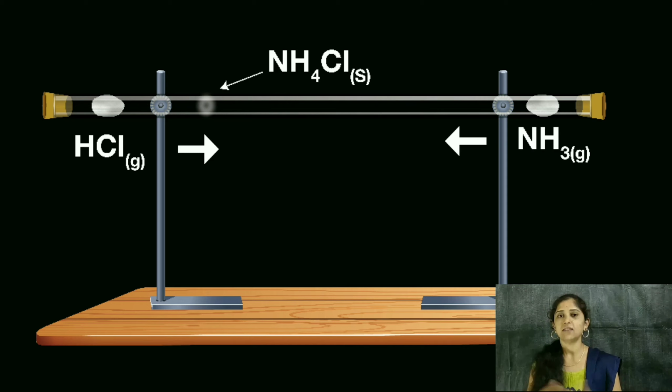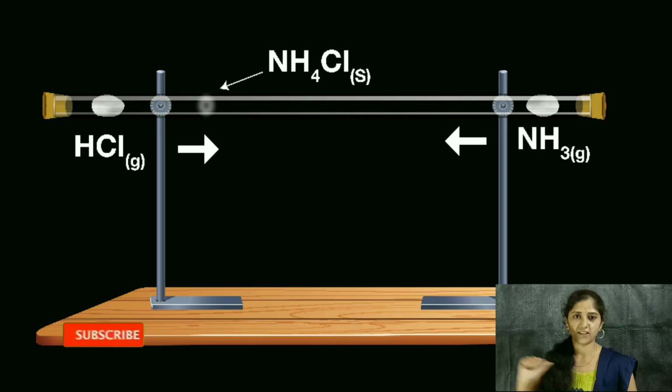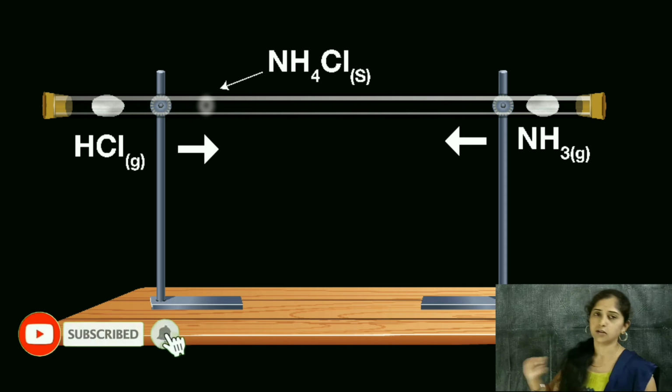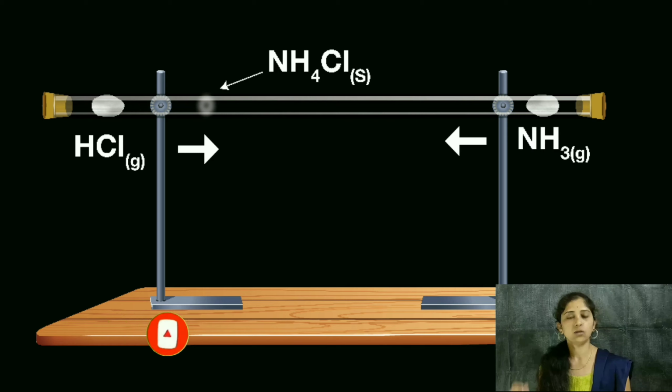Then what is the procedure? How do we follow the method to observe the rate of diffusion of two gases? First, we take the long glass tube and fix it to the retort stand. Next, we take two cotton balls.